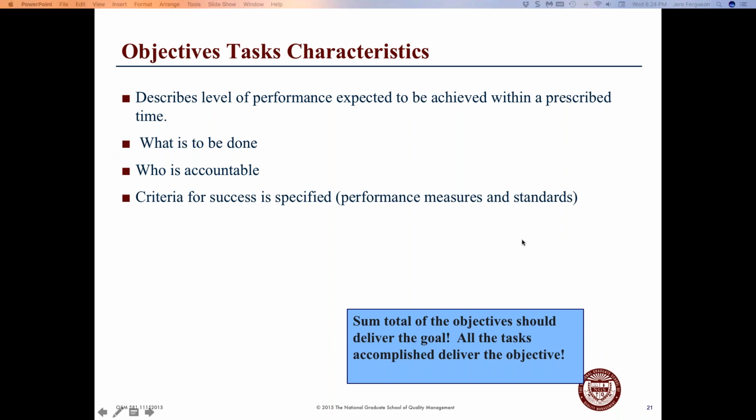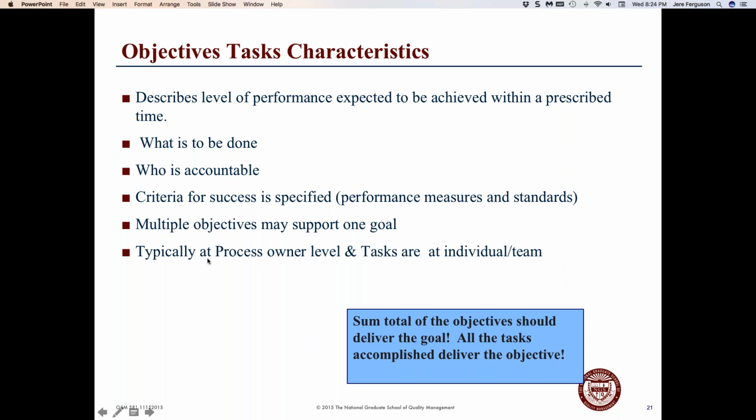Criteria for success is specified. This is where we actually get to the point of performance measures and standards. What is it, and how are we going to measure, and how are we going to know that we achieved success? We're going to set a criteria. Multiple objectives may support one goal. So remember, it's a tree. So we can have multiple objectives for one goal.